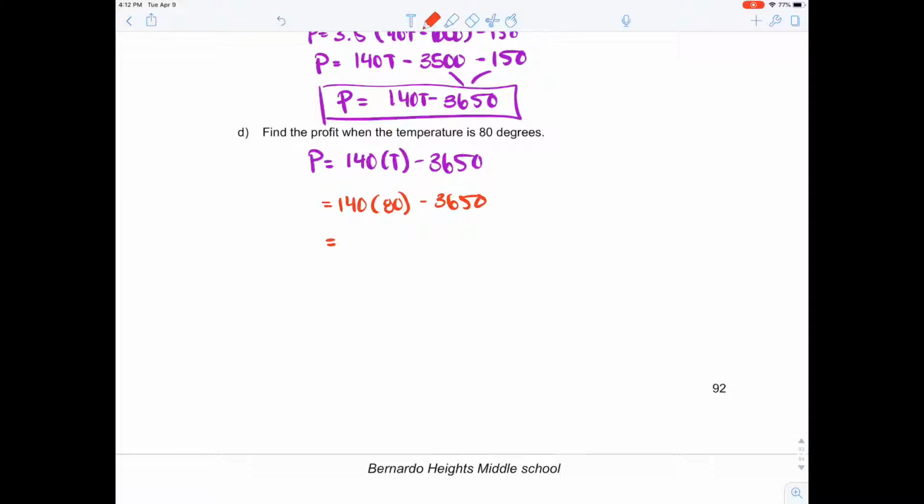So the profit that we make, well, let's see, 140 times 80 is equal to 11,200, and we're going to subtract 3,650, and it looks like our profit that day is $7,550. Not bad, Ms. Howe.